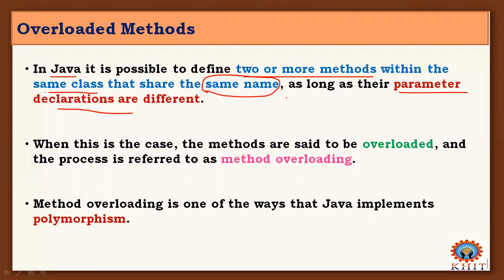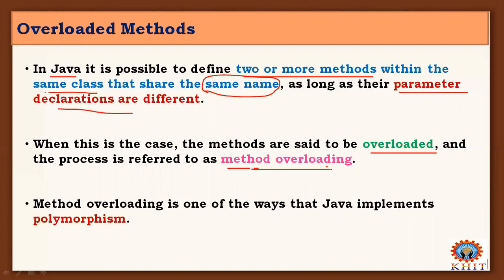Then the compiler identifies which method we are invoking through the object of the class. That is nothing but methods sharing the same name, and as long as their parameter declarations are different, we say those methods are overloaded. And the process is referred to as method overloading.